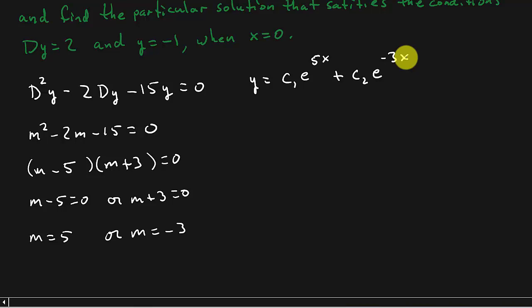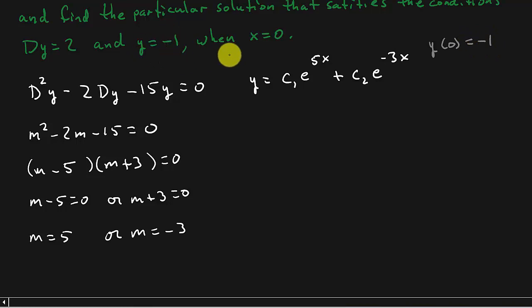All right. Now, what does this right here say? Okay. So it's saying dy is equal to 2 and y is equal to -1 when x equals 0. So what exactly does that mean? Well, all that's saying is that y of 0 is -1.